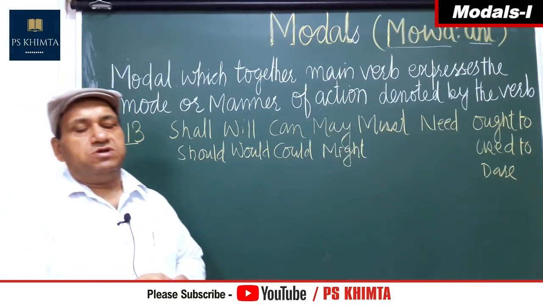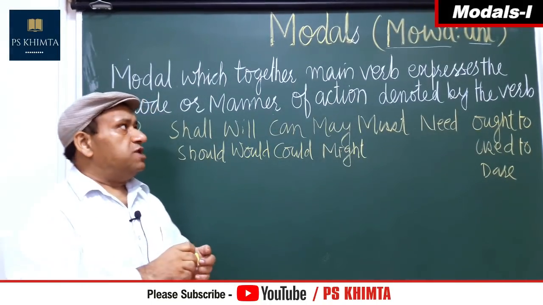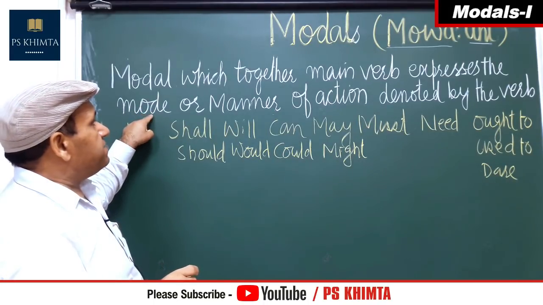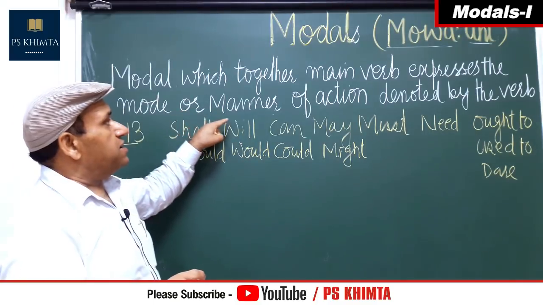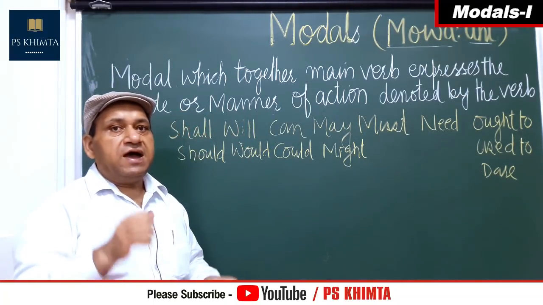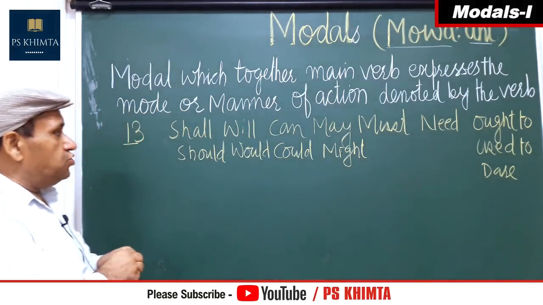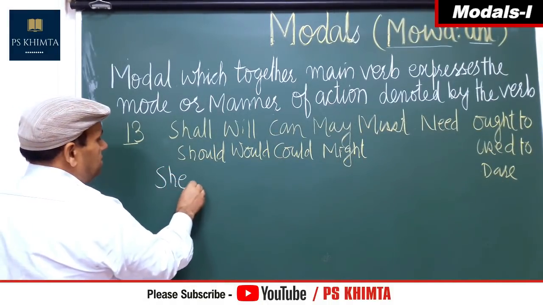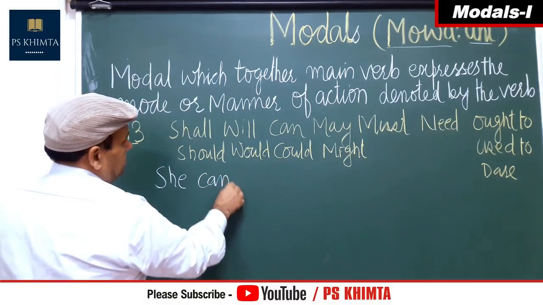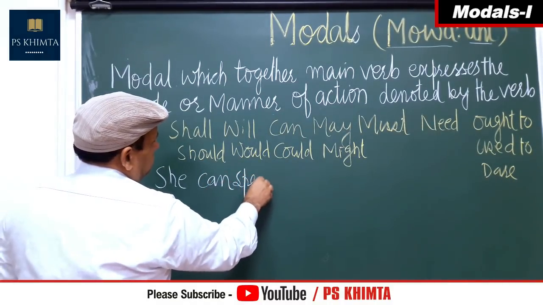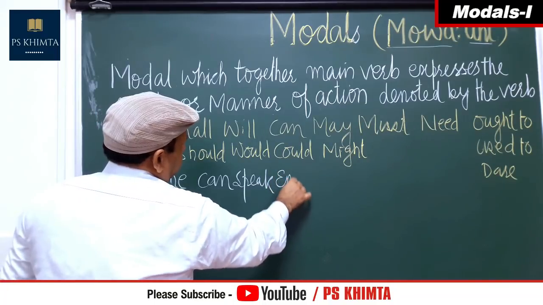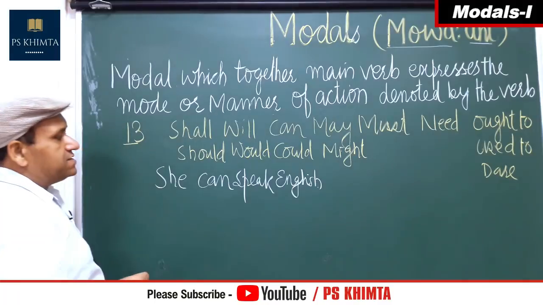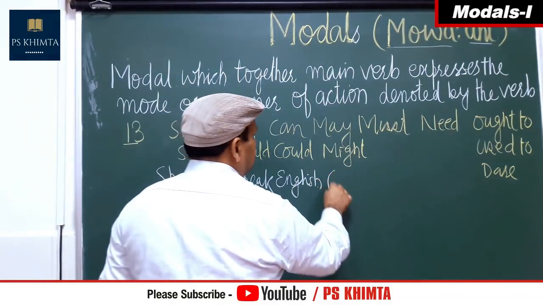These are 13 modals. What is the function of these modals? As I said, these modals express the mode or manner of action denoted by the verb. I am giving you one example that will make it clear. As I wrote here, she can speak English. Now what is this? This is ability.